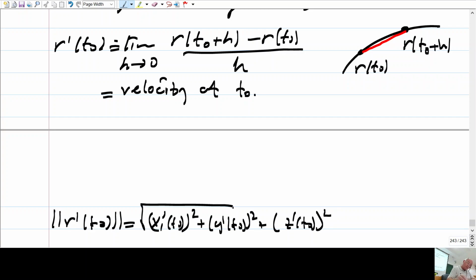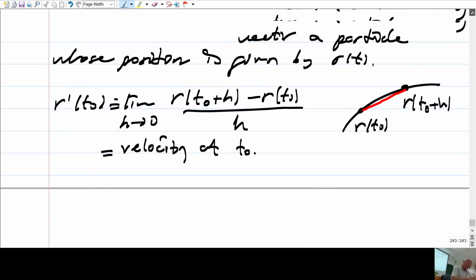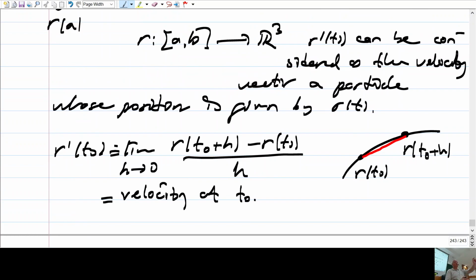This is, of course, the speed at time t0. The magnitude of the velocity vector is the speed.